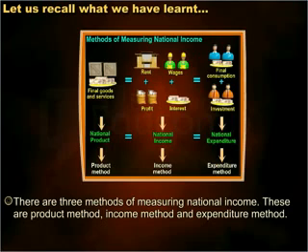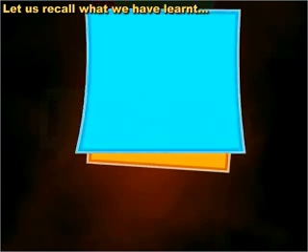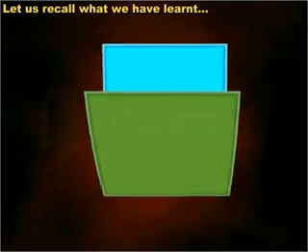Let us recall what we have learned. There are three methods of measuring national income. These are the product method, income method, and expenditure method. In the product method or value added method, the production units are identified and the output value is estimated.